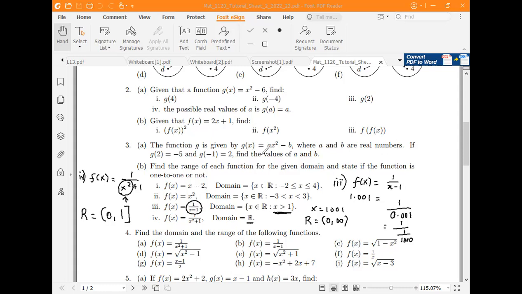But now we'll use a free domain, taking it as a fraction, so we only consider the denominator. Once the denominator is not allowed to be 0, whatever makes it 0, we remove it, and whatever remains is part of the domain.